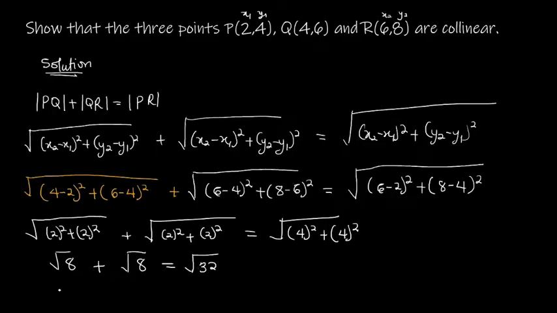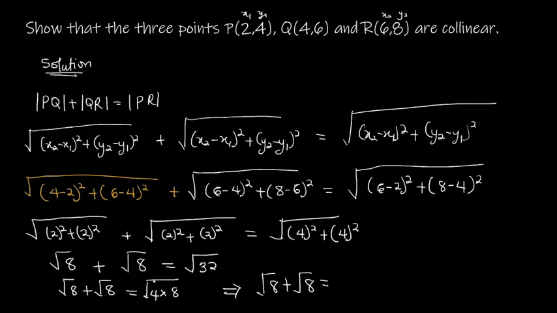Root 32 can be written as root of 4 multiplied by 8, because 4 multiplied by 8 will give me 32, and I know the root of 4 is equal to 2, so it takes care of the root and comes outside, 2 root 8. So we can see that root 8 plus root 8 is equal to 2 root 8.